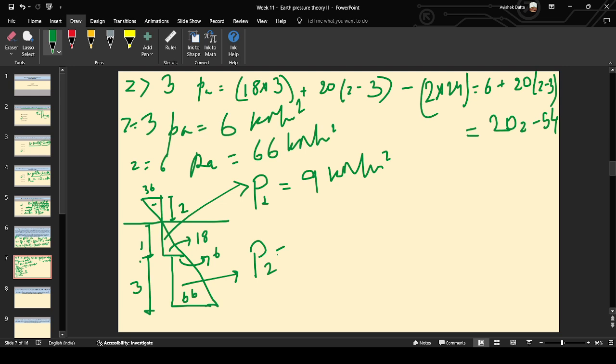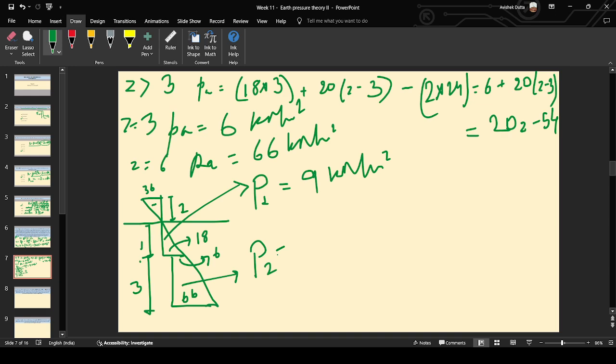For the second one it is 108 kilonewton per meter.